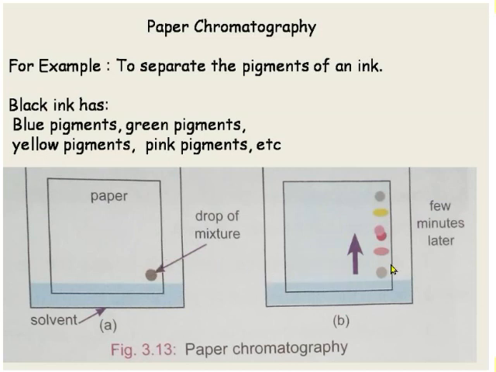As you can see here, the solvent will rise on the paper because of capillary action, and the pigments which are soluble in the solvent will also rise with the solvent and will be adsorbed later at the upper portion of the paper. And suppose this pink pigment is less soluble in the solvent, so it will be adsorbed on the paper on the lower portion. In this manner, the pigments will be separated.